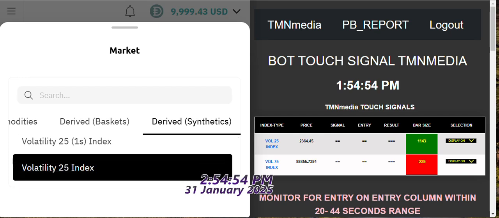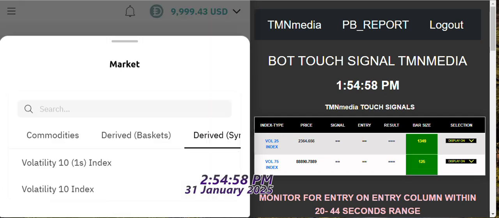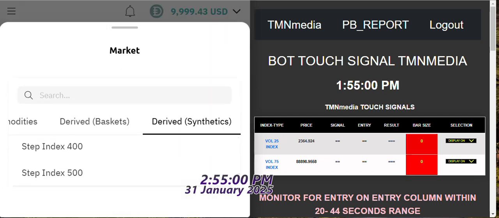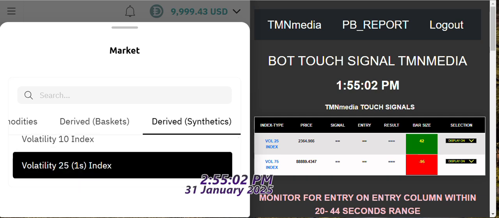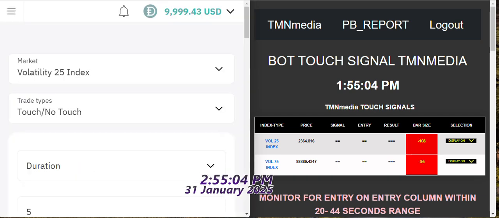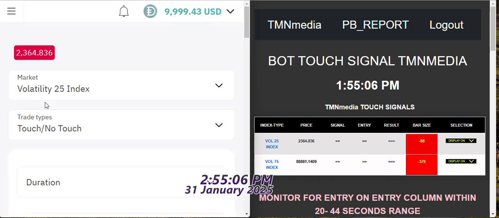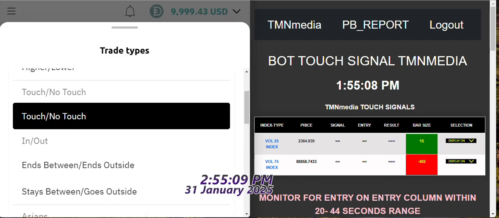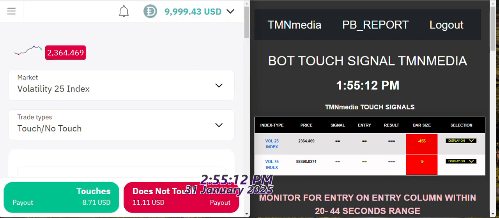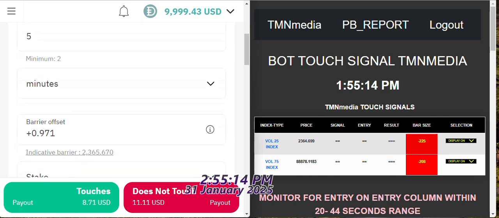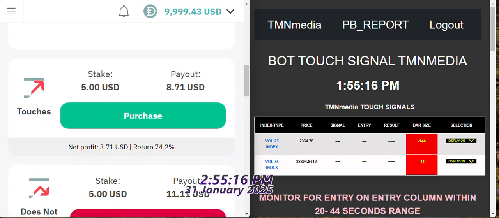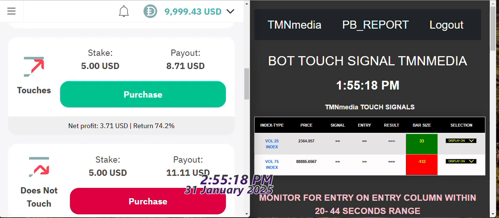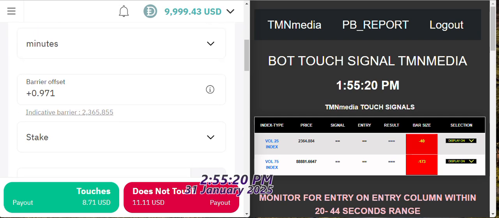Let's say we are looking for 25. I want to change it so that you will see the default values and then we'll edit it. Then here you will look for touch, no touch. Remember, we are working with touch. By default, you can see this value gives us like 74 something. This plus 9 something gives us 74 something.